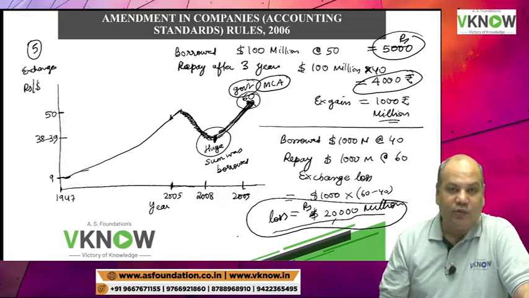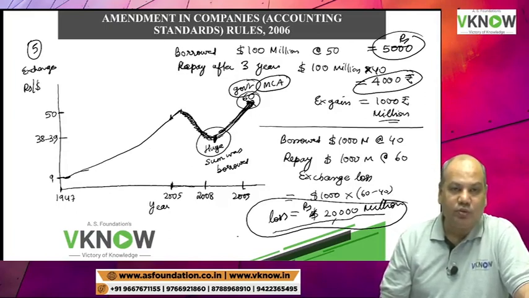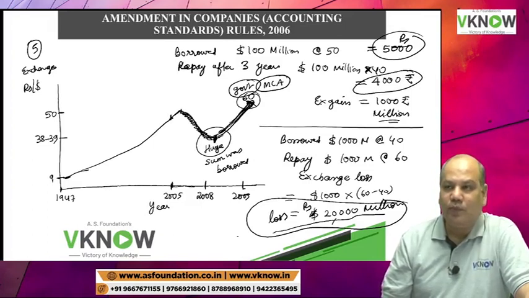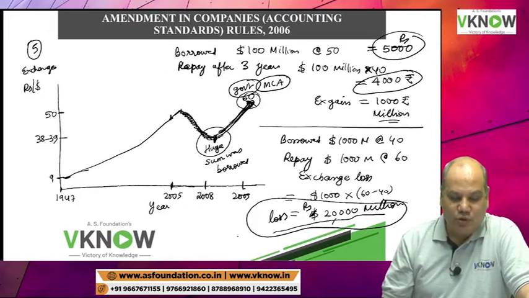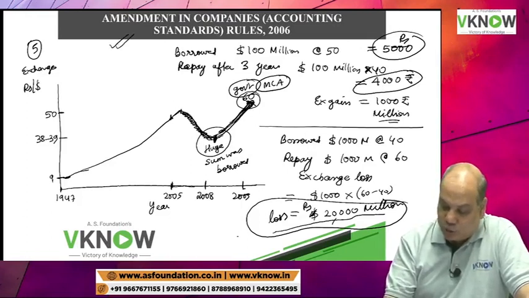Because of AS-11, we have to recognize loss. Our P&L account is showing a very low profit, and in some cases it has become a loss instead of profit. So what did the government do? The government brought a notification.